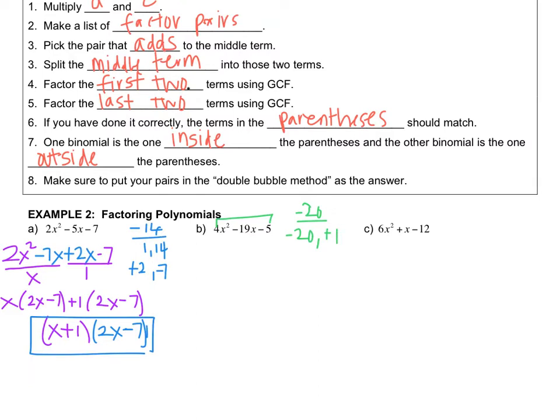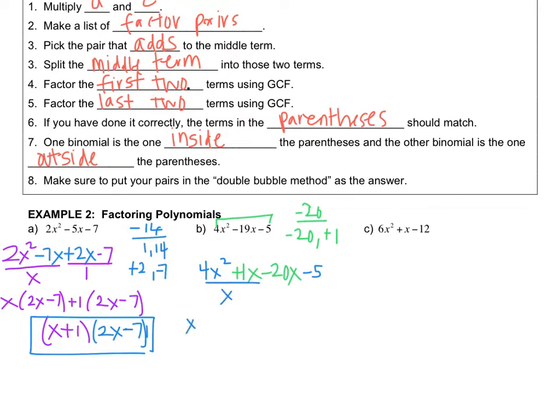So I'm going to take my original trinomial, 4x squared, but now I'm going to do plus 1x minus 20x and then minus 5, I'm sorry. It doesn't matter which one you do first, but I'm going to show you what happens when you do the second one as negative. So the first GCF right here is just x.